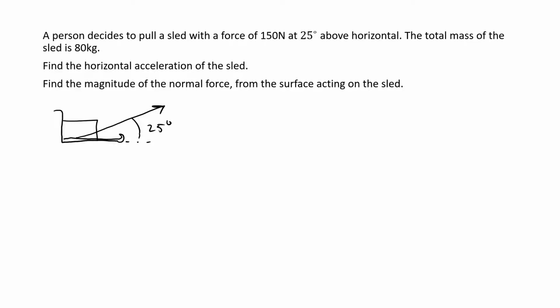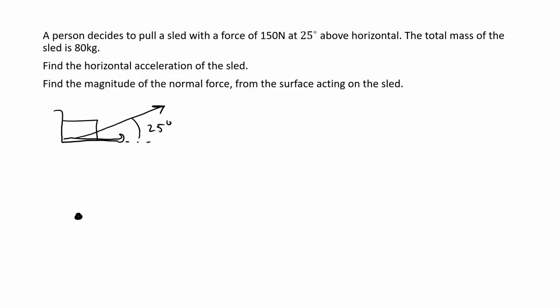So let's simplify this whole situation with the free body diagram. Put it right here this time. Okay, so pulling this thing, I'm assuming it's not jumping in the air or being forced into the ground by me pulling it. It's just going to be sliding on the ground with me.